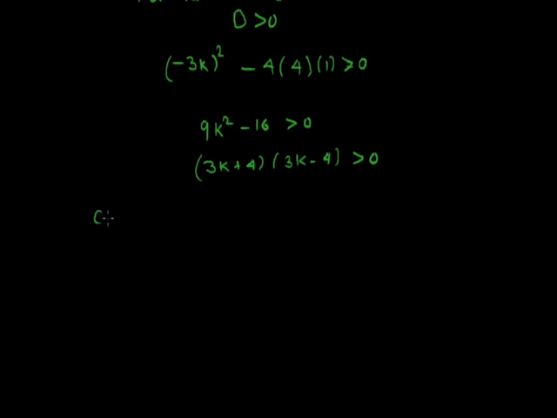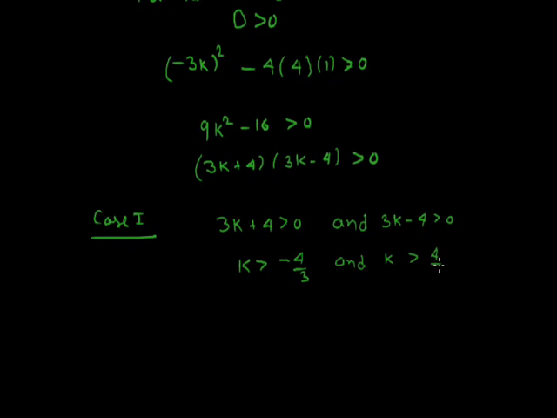Now case first, it will be possible only when 3k plus 4 is greater than 0 and 3k minus 4 is greater than 0. So by solving it will give k is greater than minus 4 by 3 and k is greater than 4 by 3. It means k will be greater than 4 by 3.